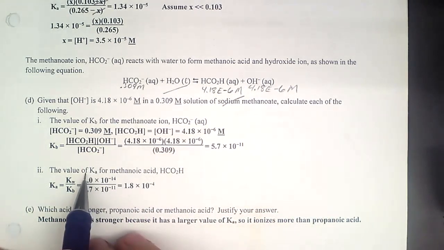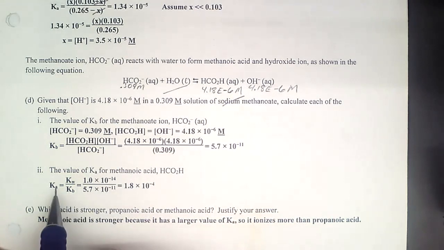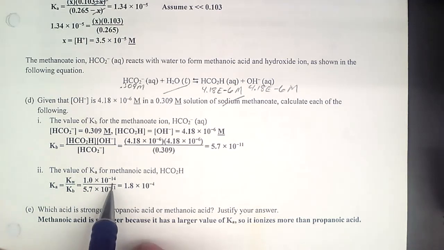So when they ask for Ka here, how do we get Ka? Well, we're going to divide Kw by Kb, which is one of those things they just expect you to know. I think they might actually furnish this equation written slightly differently in the formulas page, but you've got to know that just for time and knowing what Kw is. Divide, and you get that. Which acid is stronger?